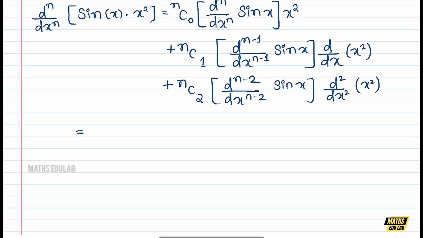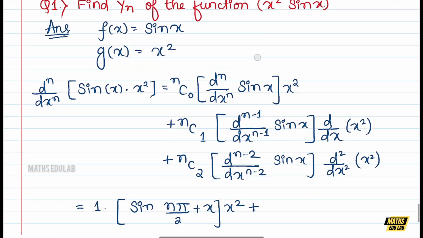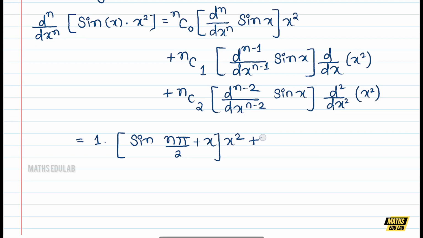So nC0 value is 1. So 1 into the nth derivative of sin x, which is sin of (n pi by 2 plus x), and the x square we write here. Then plus again nC1, which I have already written here. nC1 value is n, so plus n.